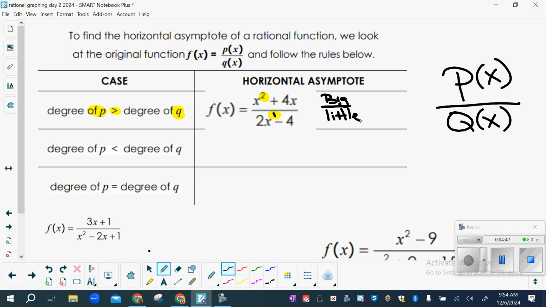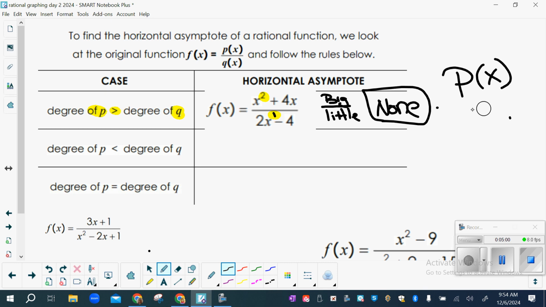So when the bigger guy is on top and the smaller guy's on bottom, do you know what your horizontal asymptote is? None. There is none, right? There is not a single one. And that's because the top guy is overpowering the bottom guy. Bottom guy's like, I'm gonna make some lava. And the top guy's like, no, you're not. I'm the boss. No lava. They're like, okay, no lava for you.